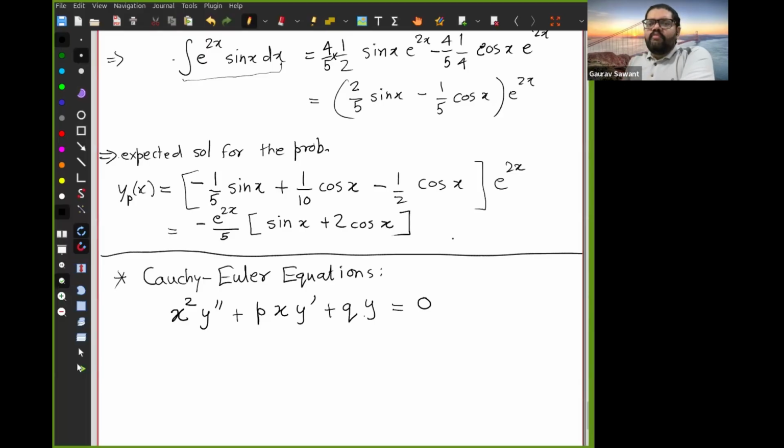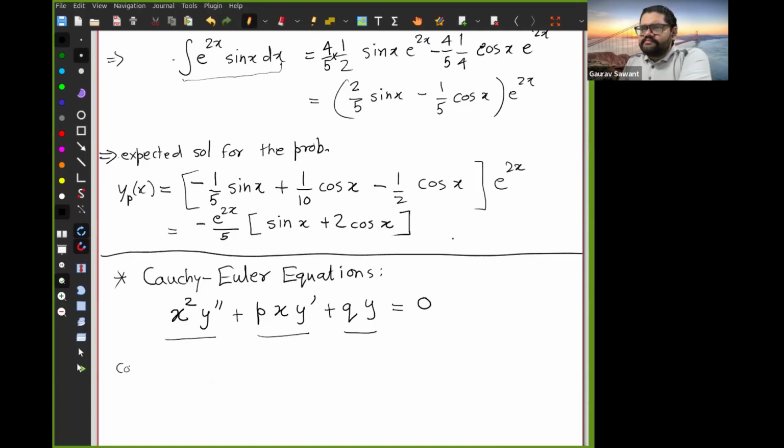Okay. The moment you have an inhomogeneous case, you can simply use variation of parameters or operator method or whichever other method that is suitable. But the thing is, look at these terms. So if anyone were to guess a form of the solution for y, compare this with the usual differential equation with constant coefficients.